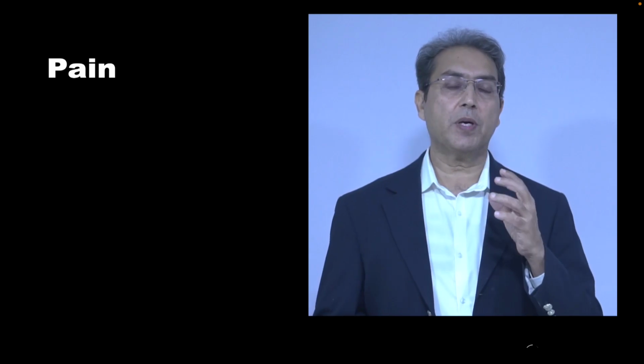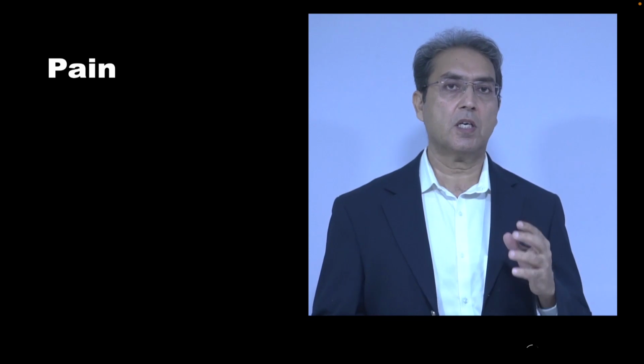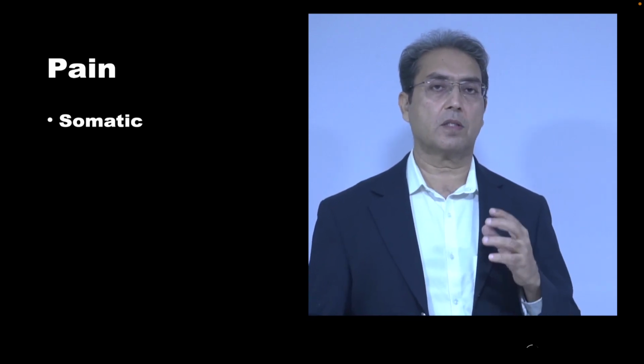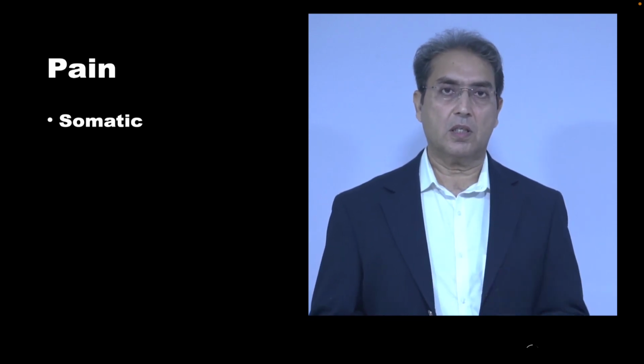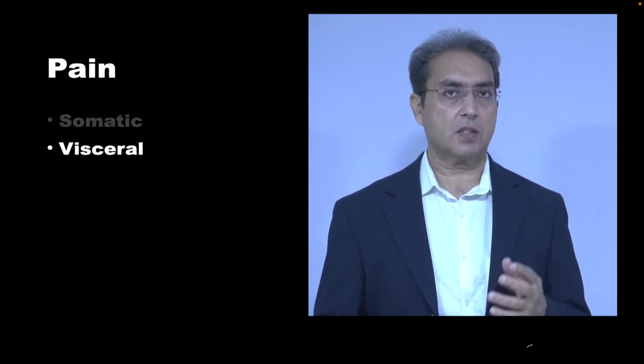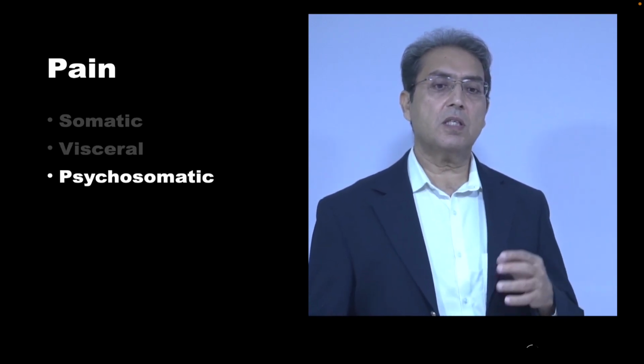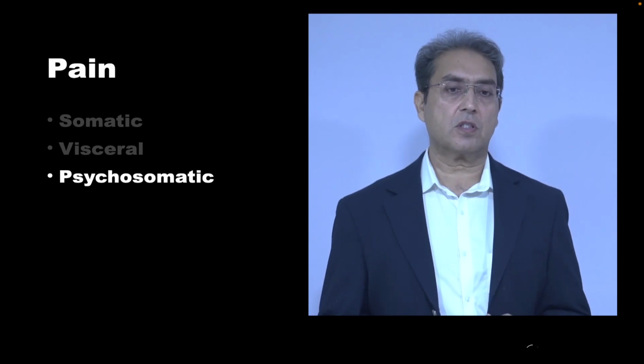Now, when we see pain, we have three different types of pains in the body. One is somatic pain, the other one is visceral pain, and then we've got psychosomatic pain. Now these all have different features.